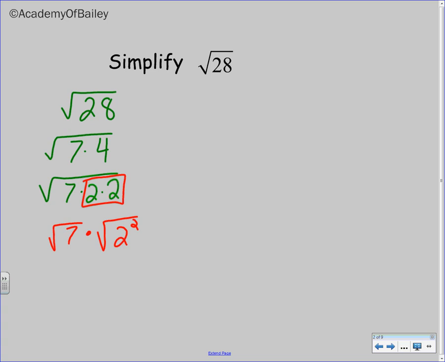And we should know the square root of 2 squared is kind of like the square root of 4. But we should know that the square root and squaring a number cancel each other out, leaving us with just 2. So therefore we'll write 2 square root of 7. The number under the radical always goes second, and the number without a square root symbol goes first.